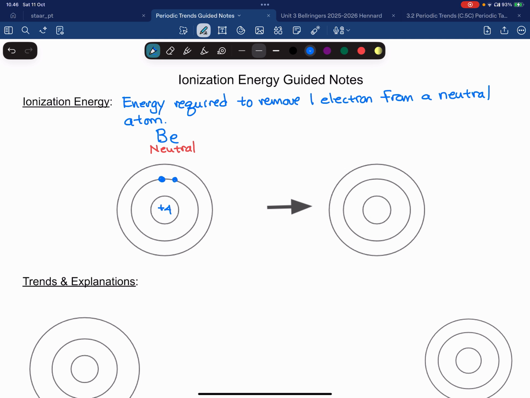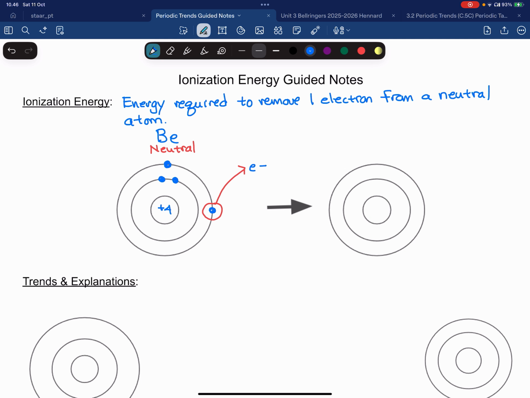Then it's got 1, 2, 3, 4 electrons. Now, imagine that you use a force, usually it's electricity, but you use a force to basically push that electron out. So that electron leaves.